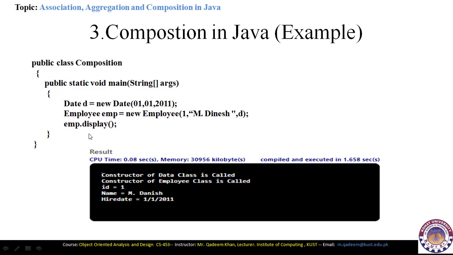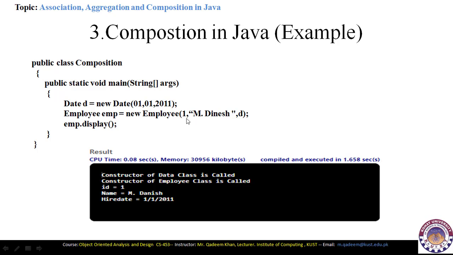Now we call im.display. It will output that the constructor of Date class is called. When we call the display function of Employee through the employee object, it also calls the constructor of the Date class and the constructor of the Employee class, and the output will be id 1, M Danish, and hire date is equal to 1, 1, 2000.